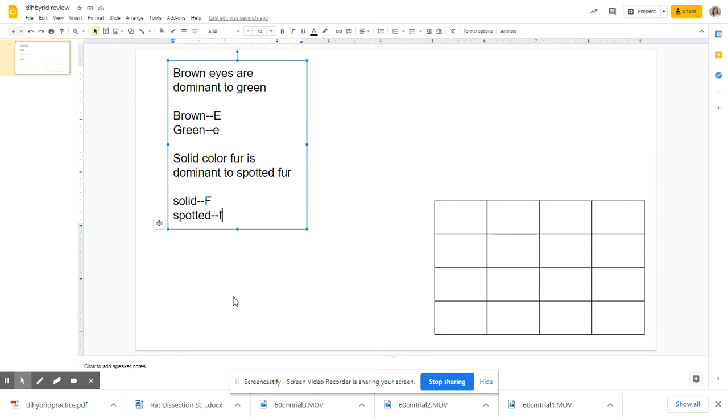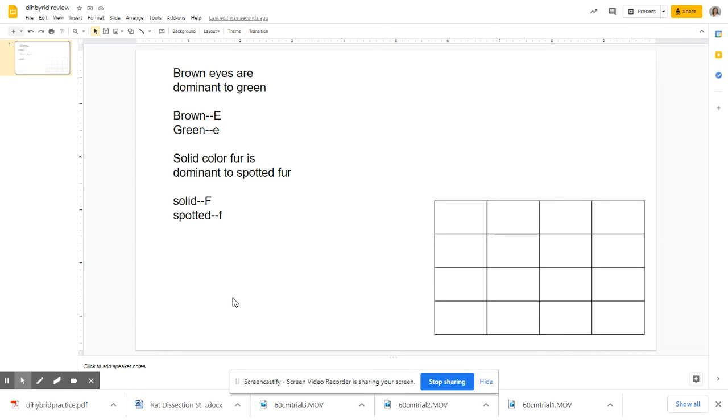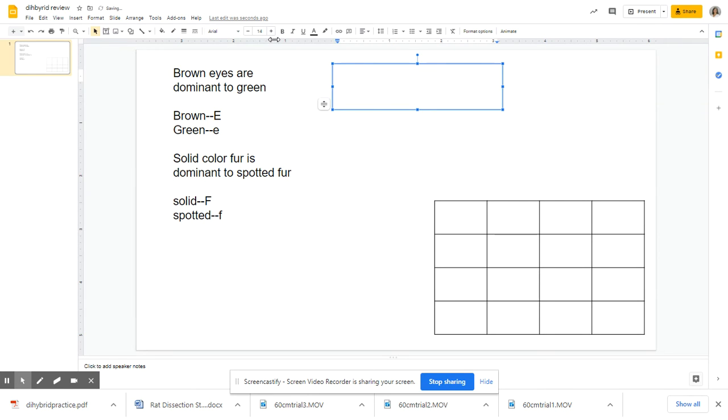Okay? So what we're going to do now, I'm going to open up a new box and put a little bit more information for us right here, and in this information, I'm going to tell you a little bit more about the parents. So we have a male dog, and that male dog is homozygous for brown eyes.